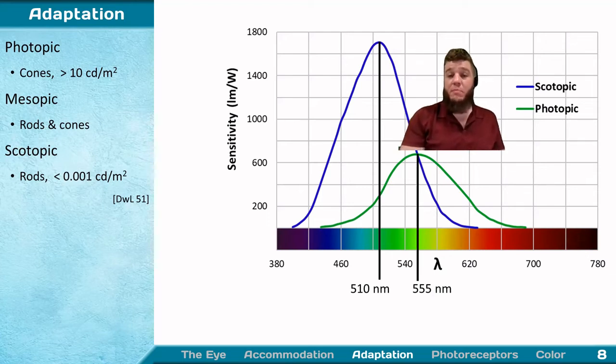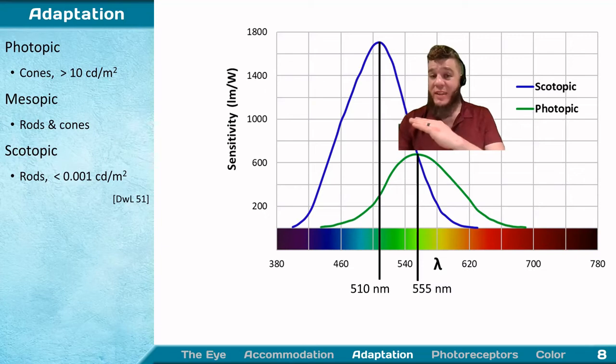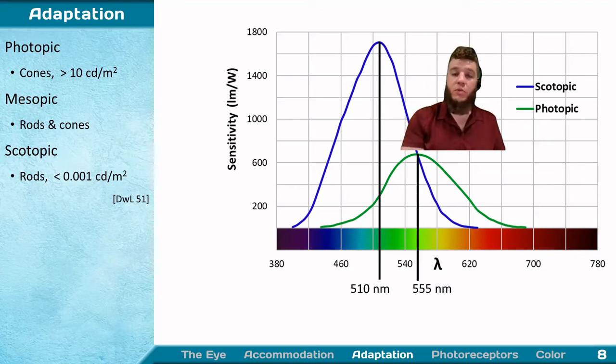We call this the Purkinje shift. And how this plays out in your vision is as we decrease light levels across the mesopic visual range and your rods start playing a larger and larger role, you're actually going to experience a blue shift in colors as we shift our sensitivity down more towards the blue end of our visible spectrum.